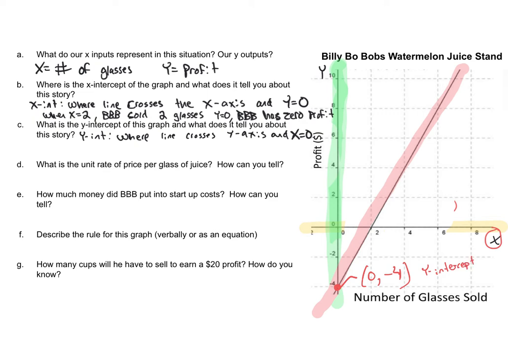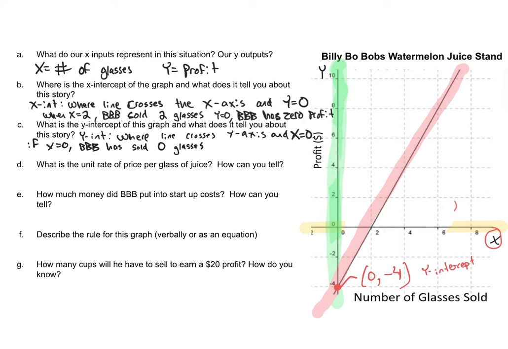All right, so what does this point mean? Well, if x tells us the number of glasses of juice sold, and x is 0, then Billy Bob has sold 0 glasses of juice. So this is before he sold anything.